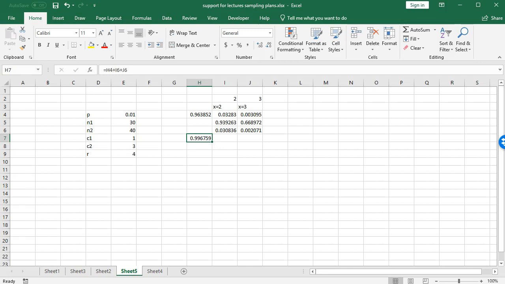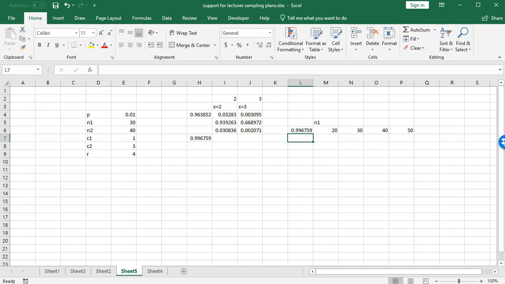And now we can create a sensitivity analysis. Let's say that we fix everything except N1 and the proportion of defectives. So in the corner we put this probability of acceptance, and we're going to use N1, the possible values for N1, maybe 20, 30, 40, and 50.